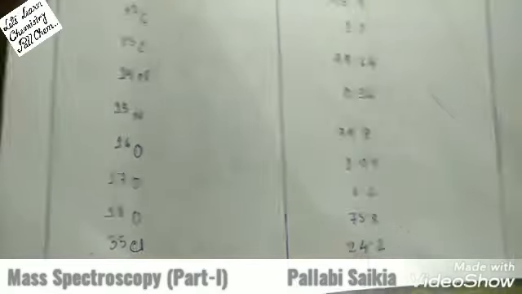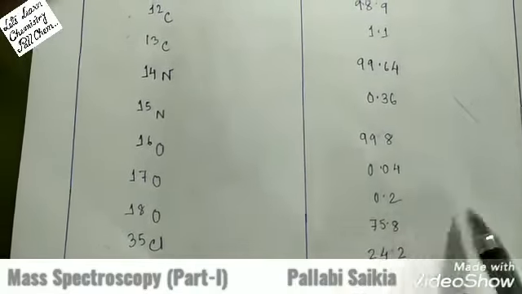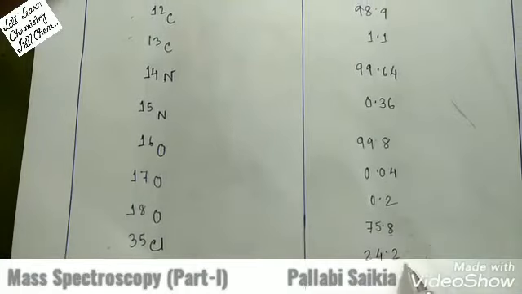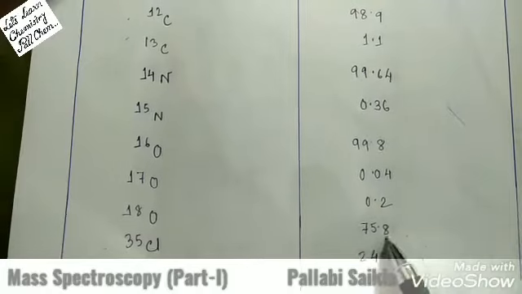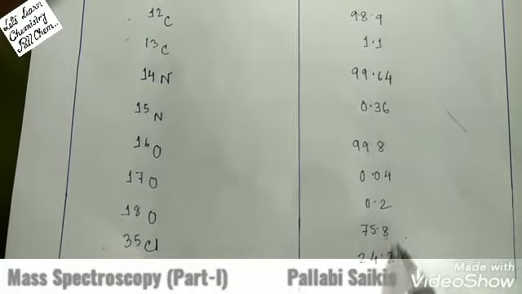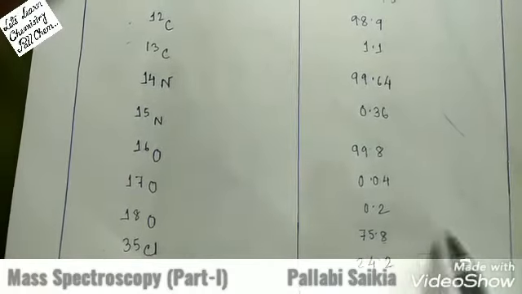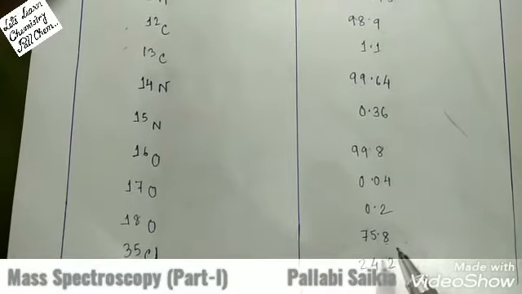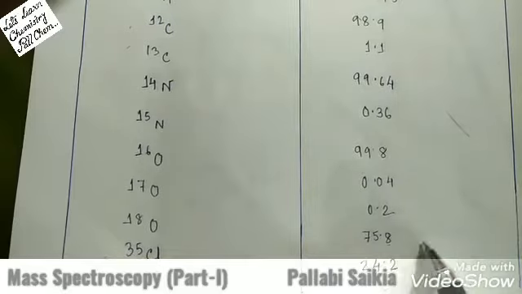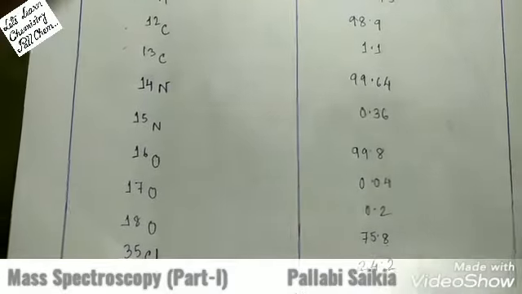M and M+2 peaks with relative intensity 75.8:24.2, that is 75:25, equal to 3:1. So the M and M+2 peaks will appear in the intensity ratio 3:1.